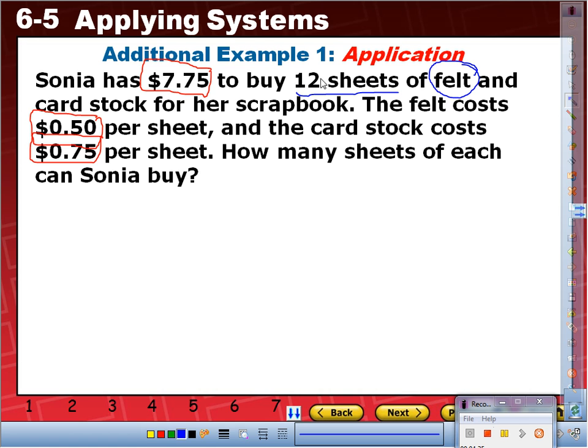Felt and cardstock, two different types of sheets, for her scrapbook. And then at the end, the felt costs 50 cents per sheet, and the cardstock costs 75 cents per sheet. And the question: how many sheets of each can Sonia buy? So we're going to figure out how many sheets of each.